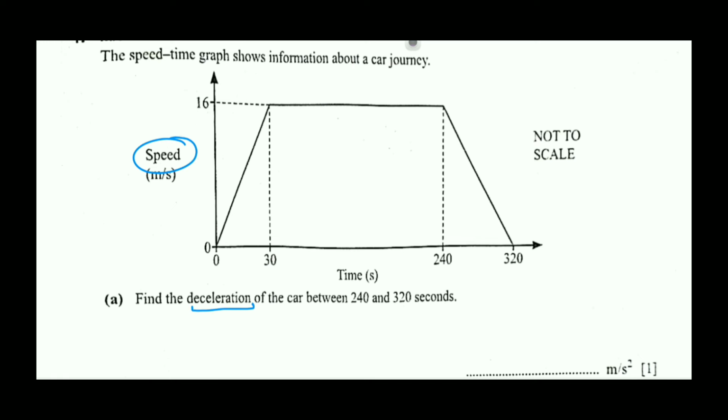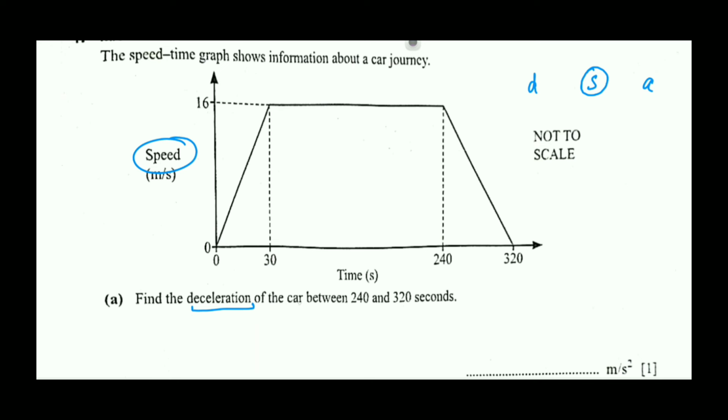What does this question mean? This is the graph of speed, and we have to find deceleration. So DSA will be applied directly. You cannot use the formulas in the graph, as I told you. So with DSA, you can circle speed because this is a graph of speed. From speed you have to find deceleration.